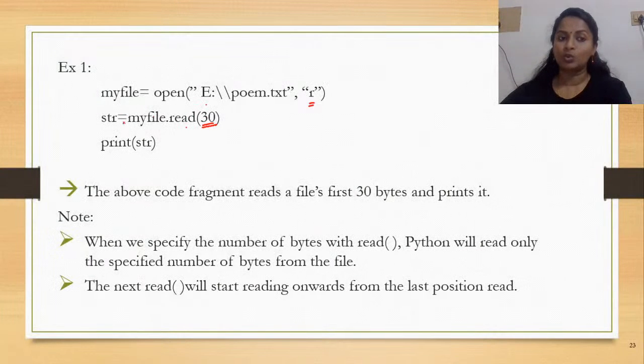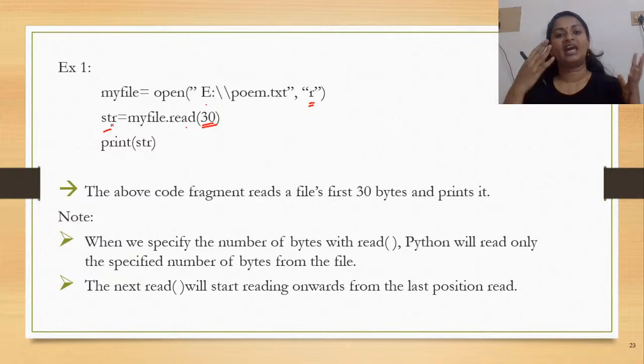So what you have to do is collect it to a variable. The default return type of this variable would be string, because you're reading everything in the form of a string. This would be saved to str, and when you print the string, everything stored in the variable str would be printed onto your screen.